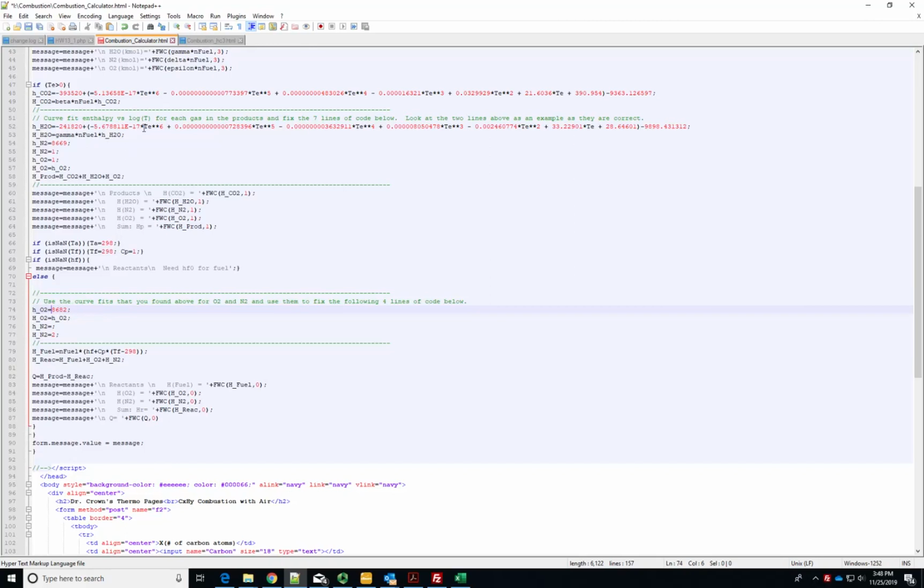This time, instead of a function of TE, it is a function of T air. So, you know, some constant, the enthalpy of formation, plus your sixth order polynomial, whatever it is.